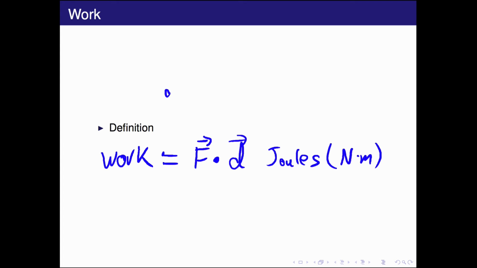So if you start at a certain place, let's call it P, and you end at a certain place, let's call it Q, and you've traveled in a direct line from the one to the other, you can take PQ to be your displacement vector.